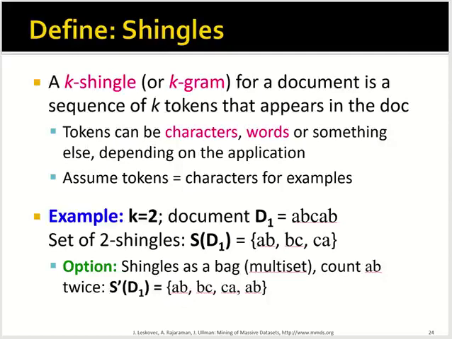However, if we pick k too small, then we would expect most sequences of k characters to appear in most documents, so the set contains too many common shingles. If so, we would have documents whose shingle sets have a high Jaccard similarity, yet the documents have none of the same sentences or even phrases.